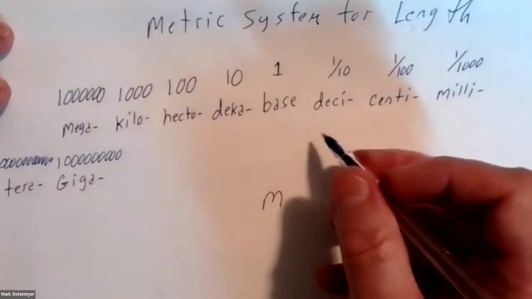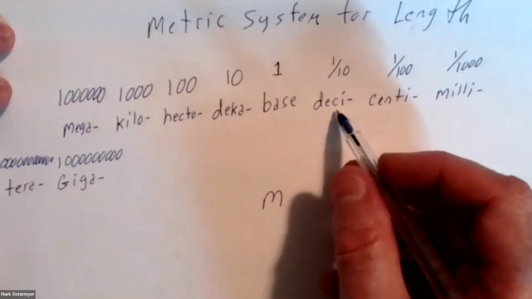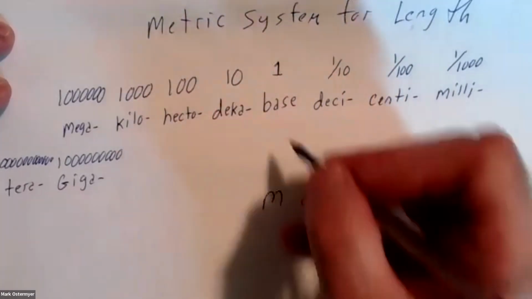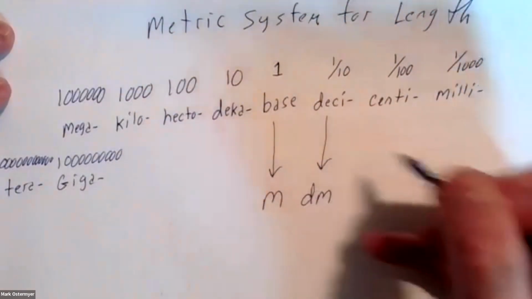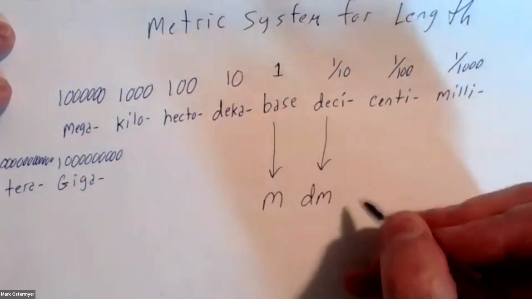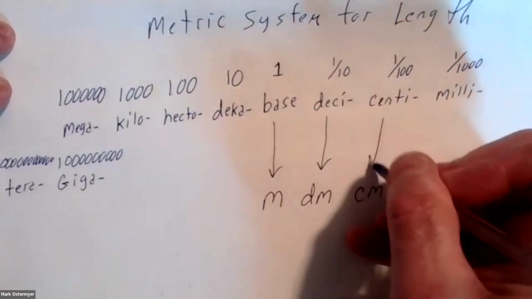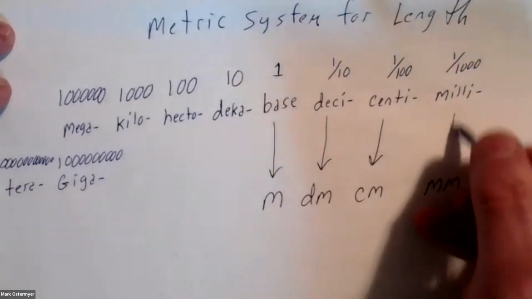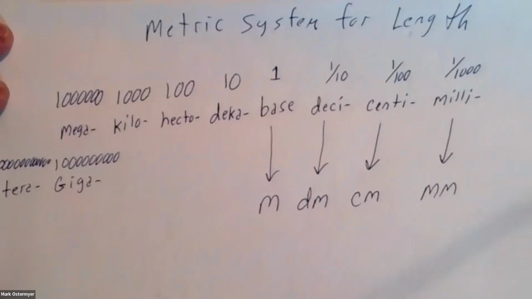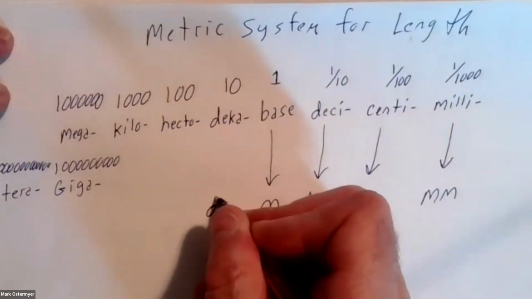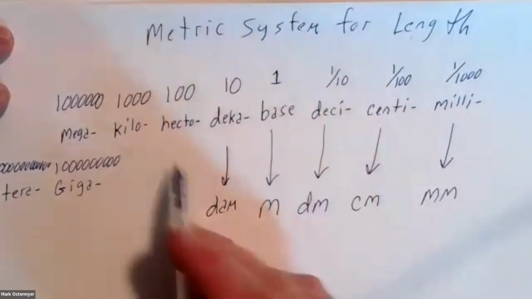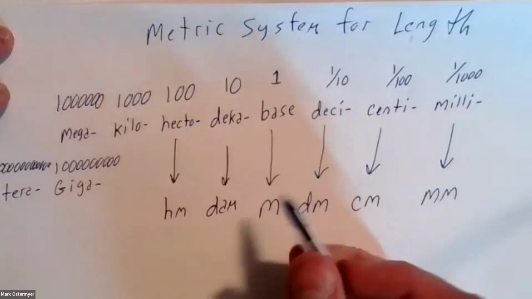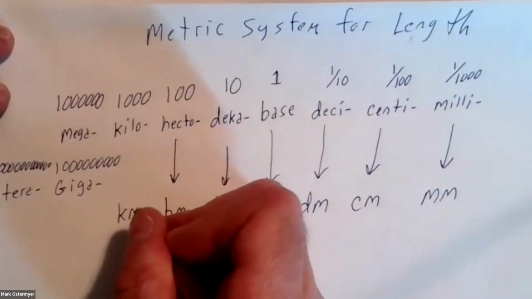M for meter. 10 times shorter than a meter is called a decimeter, abbreviated as dm. 100 times shorter than a meter is called a centimeter, cm. 1,000 times shorter than a meter is called a millimeter, mm. 10 times longer than a meter is called a decameter, dam. 100 times longer than a meter is called a hectometer, hm. 1,000 times longer than a meter is called a kilometer, km.